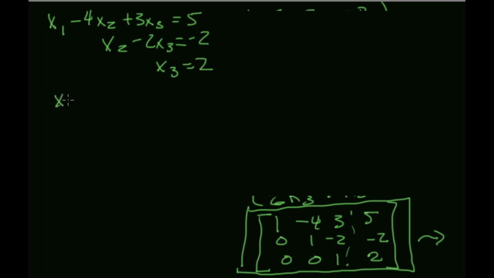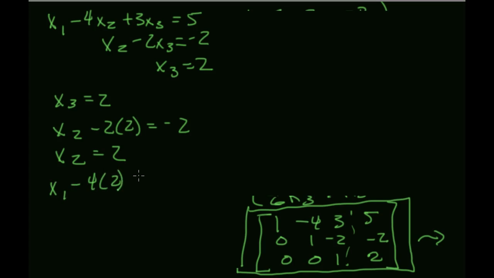Okay, so back substitution, x3 is 2, which means x2 minus 2 times 2 is equal to -2. So this is going to be -4, so that's going to make x2 2. And then x1 minus 4 times 2 plus 3 times 2 is equal to 5.